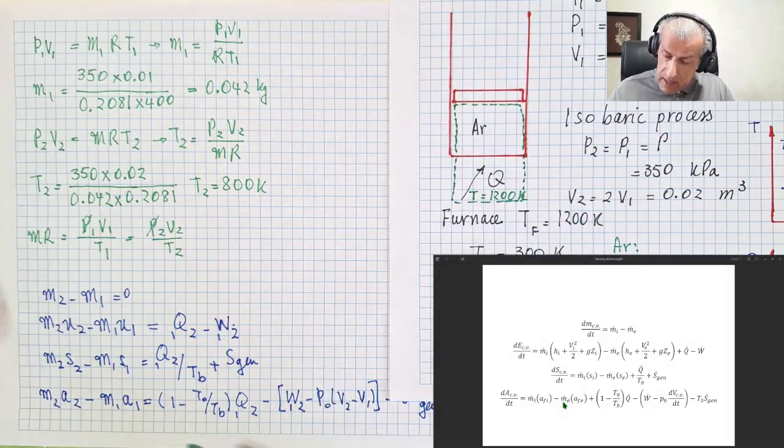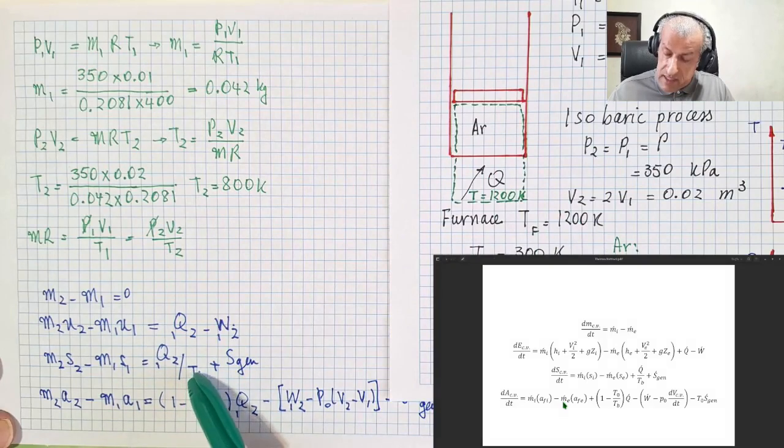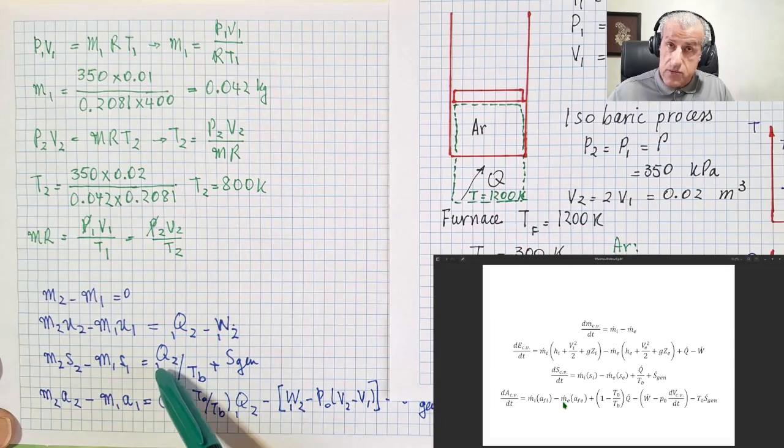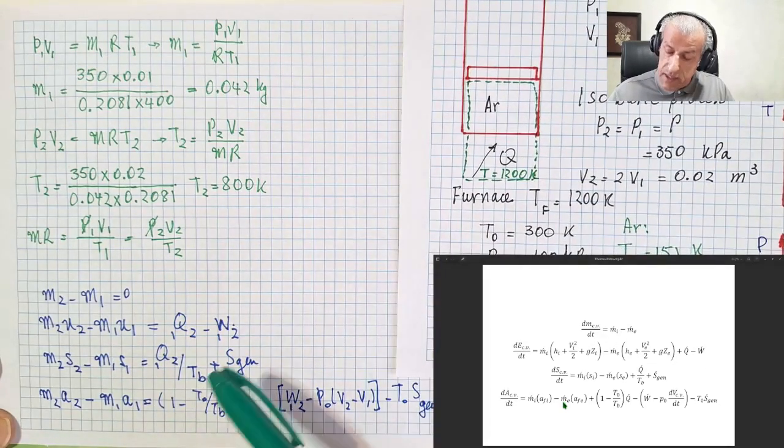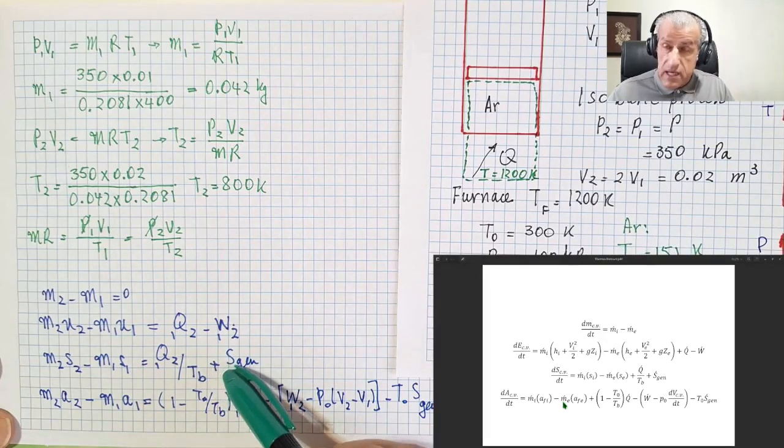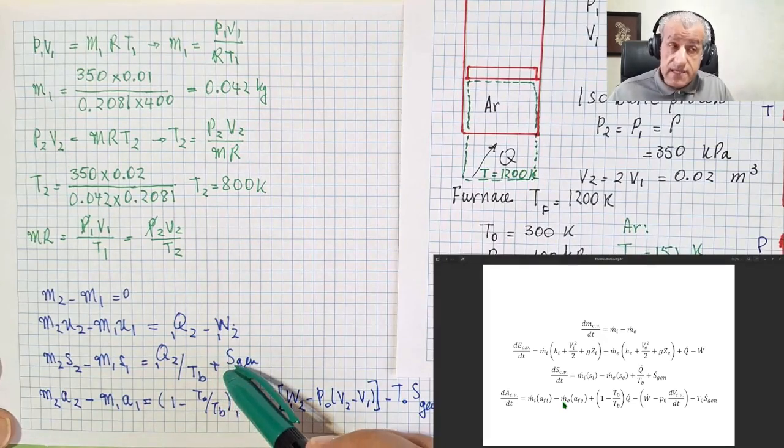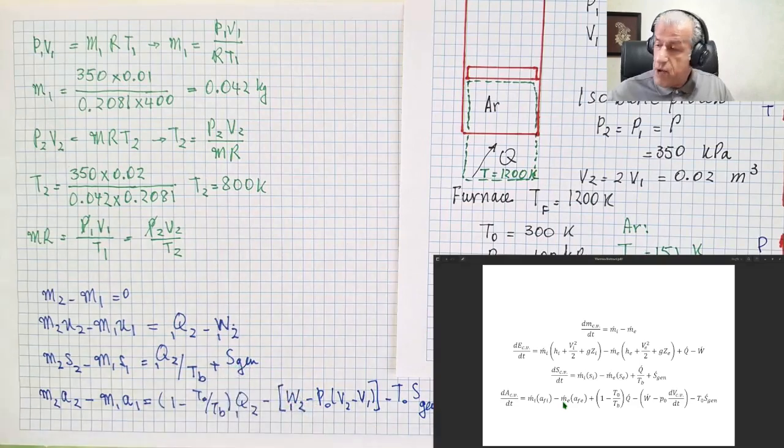So this boundary is TB, which is 1200 and relates to the heat transfer, and also all the entropy generation is included inside this boundary.